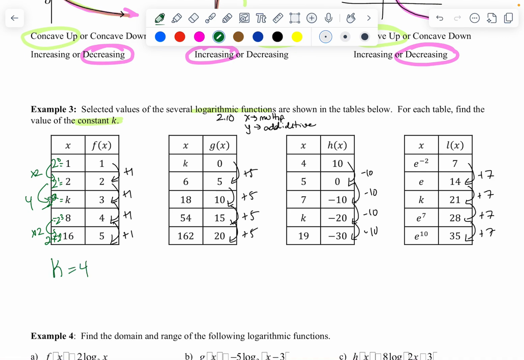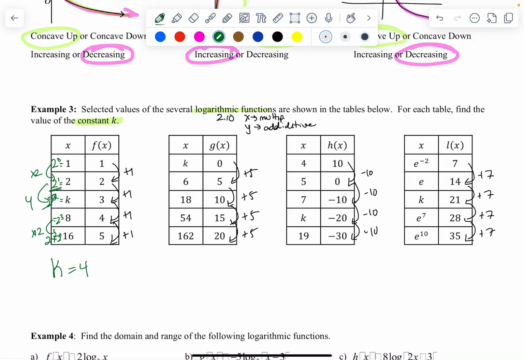So k is going to equal 4. So the reason why it's important to know the base value of each of these numbers is because this is going to tell us that this is coming from a log base 2 function, but we'll get to that.